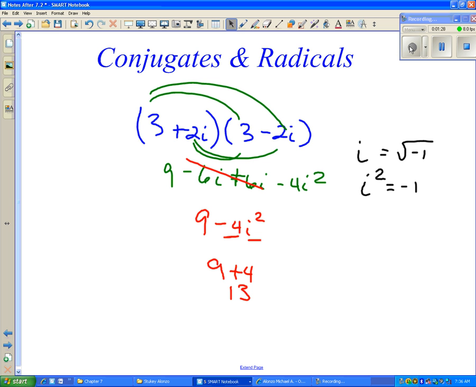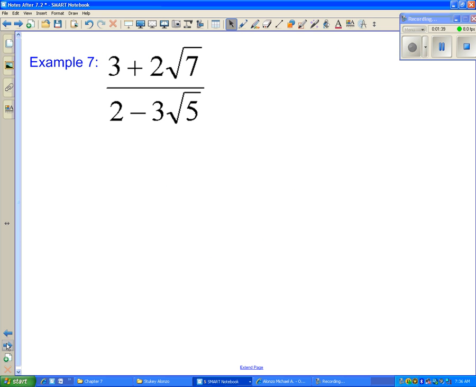Today, we're going to use this idea of conjugates with the idea that we just learned on radicals. And let's talk about how that would be used. So on the next page, this is the last example I'm going to do today. Whenever we've worked with radicals, square roots, we've always said we don't want a root in my denominator, and I always would multiply by square root 5 over square root 5.